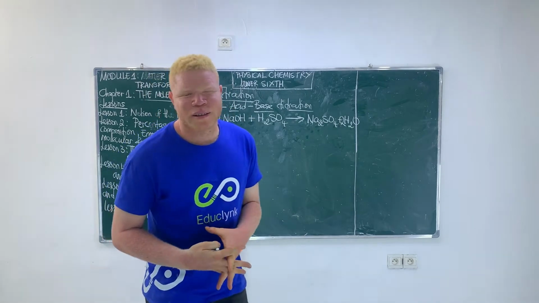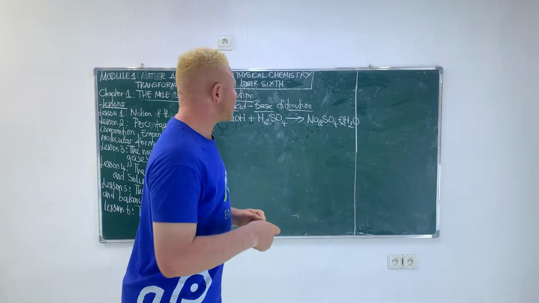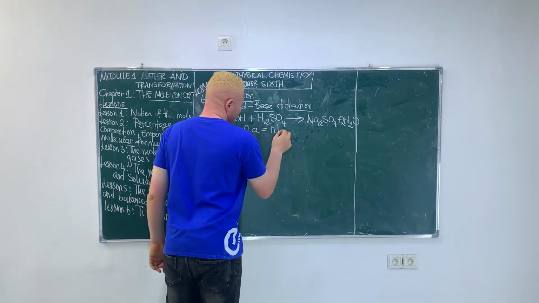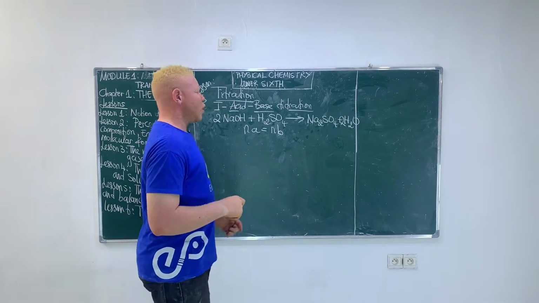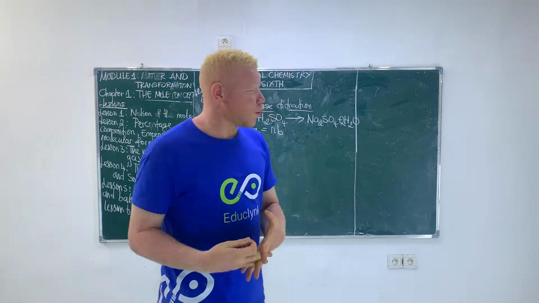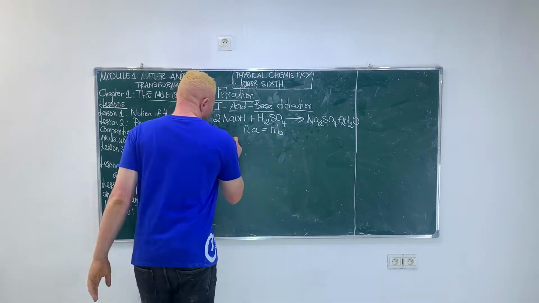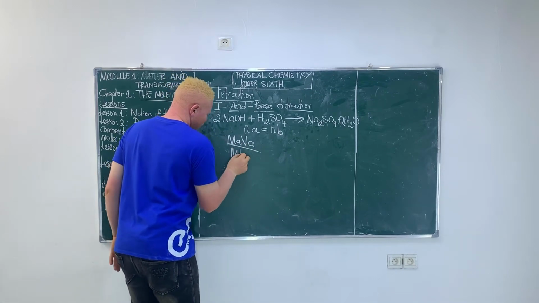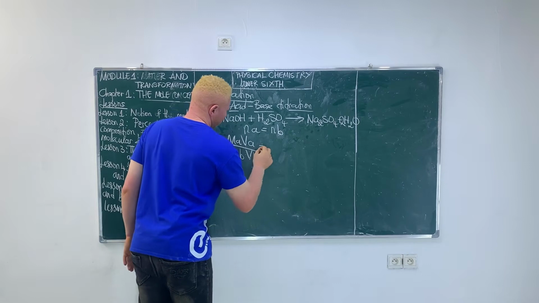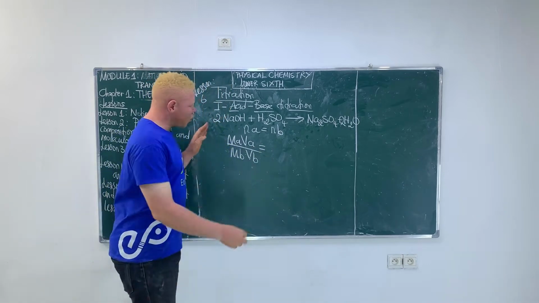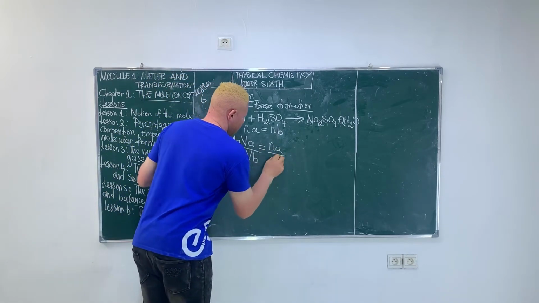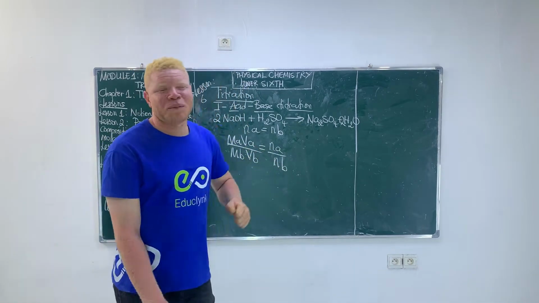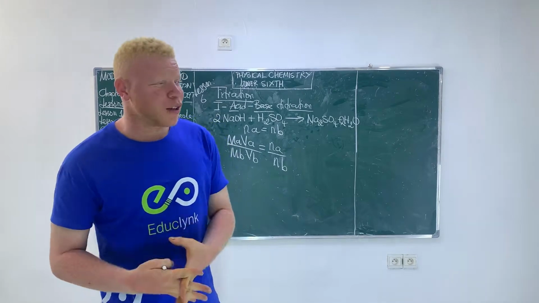At equivalence, the number of moles of acid equals the number of moles of base. The mole ratio: molarity of acid times volume of acid, over molarity of base times volume of base, equals the stoichiometric coefficient of the acid over that of the base.